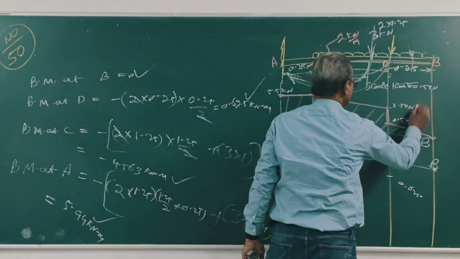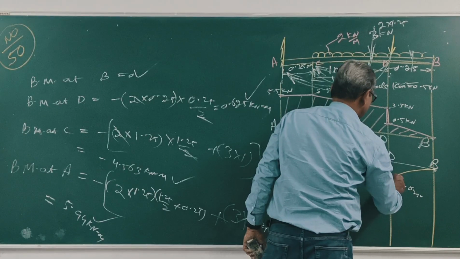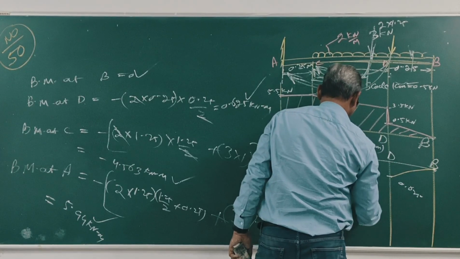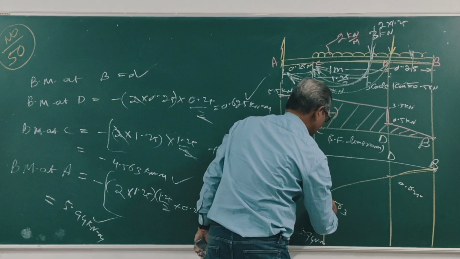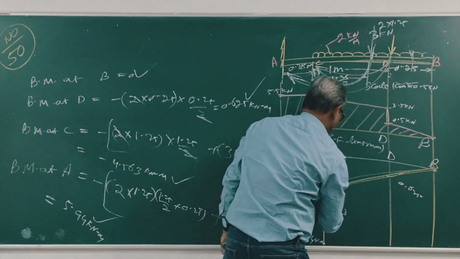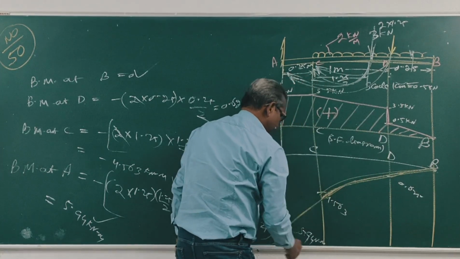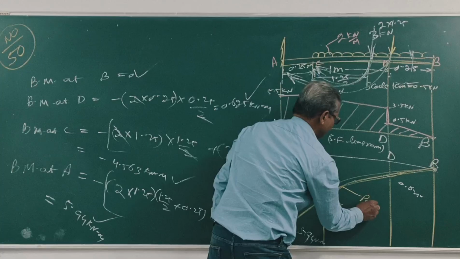Zero, 0.625. Next, parabolic, straight line. This is parabolic.